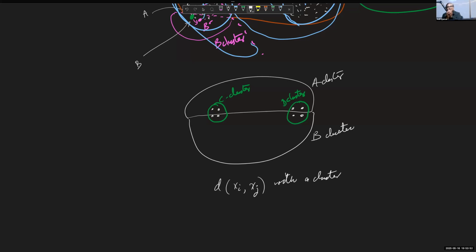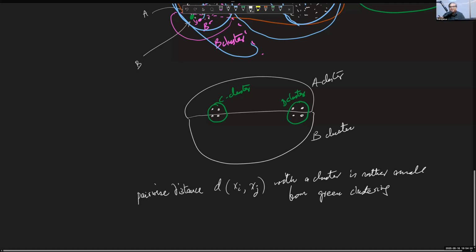In the green cluster, the pairwise distances within a cluster are rather small for the green clustering.